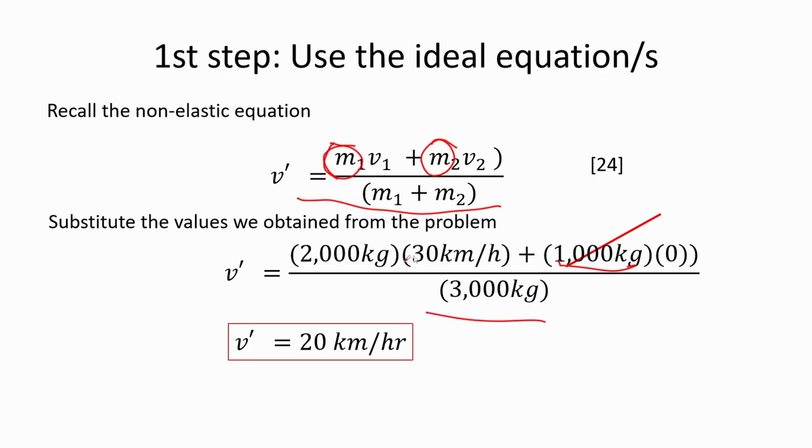So 2,000 times 30 plus 0 here. Okay, 0 man siya, at rest. Divided by 3,000. So what is that? Let's double check. So it's 20 kilometers per hour. Okay, check.